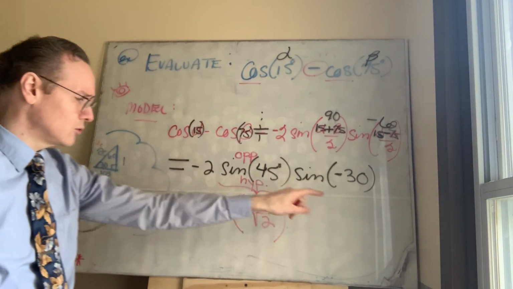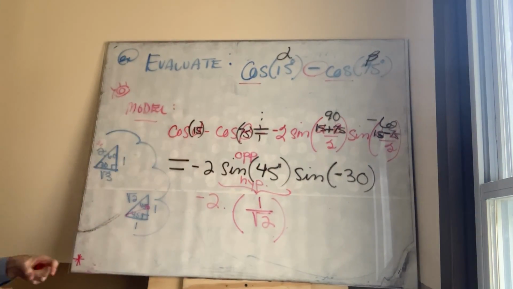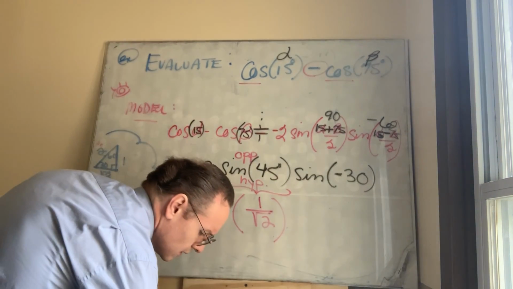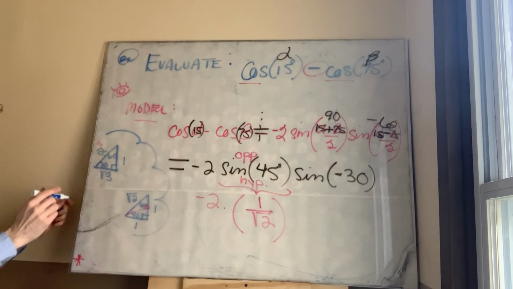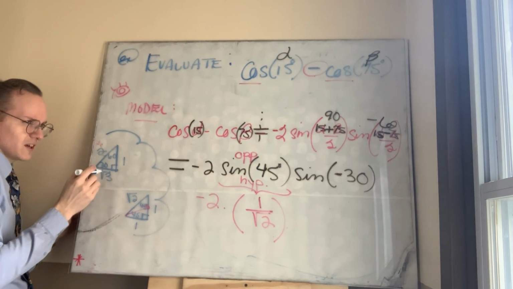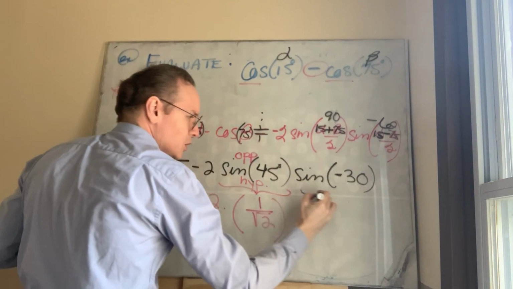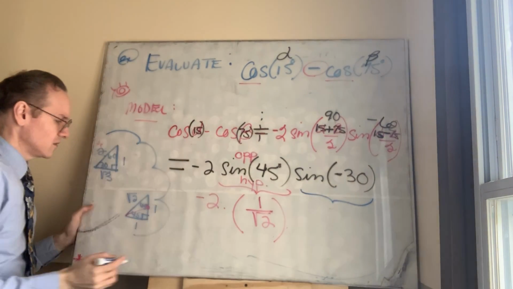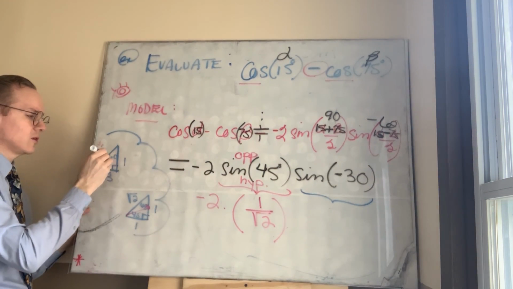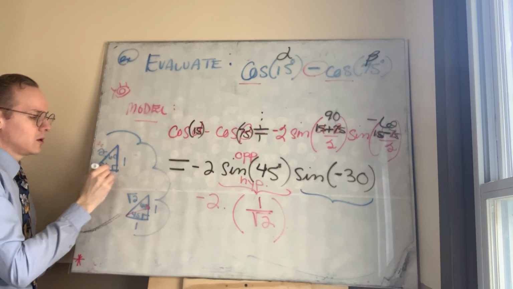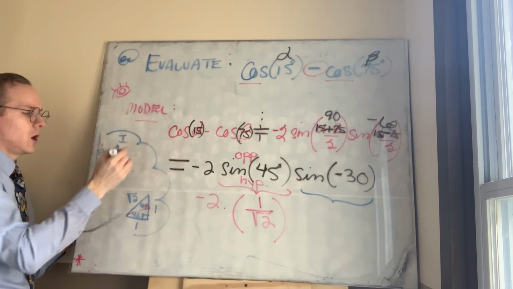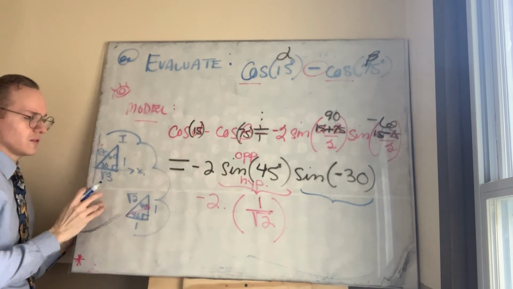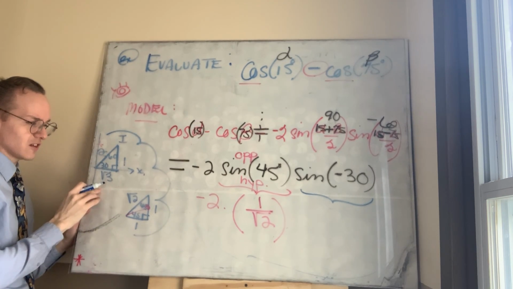We'll do a similar thing. We'll translate sine of negative 30. The only thing that you really need to adjust is the sign of the ratio that is produced. If it was just regular 30 degrees, then it would be in quadrant 1, along the positive portion of the x-axis.